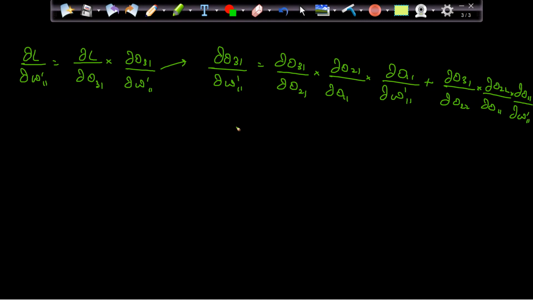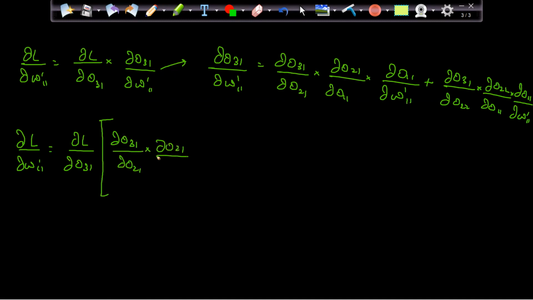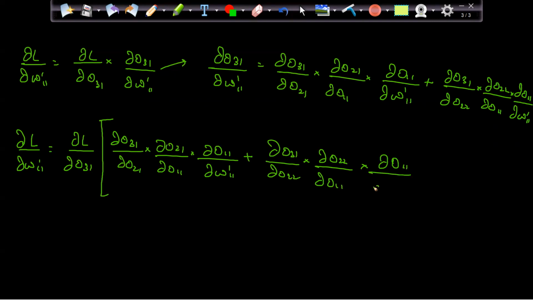It's a big thing, right? Big equation. So my ∂L/∂W111 is nothing but ∂L/∂O31 multiplied by this entire equation: ∂O31/∂O21 multiplied by ∂O21/∂O11 multiplied by ∂O11/∂W111 plus ∂O31/∂O22 multiplied by ∂O22/∂O11 multiplied by ∂O11/∂W111.